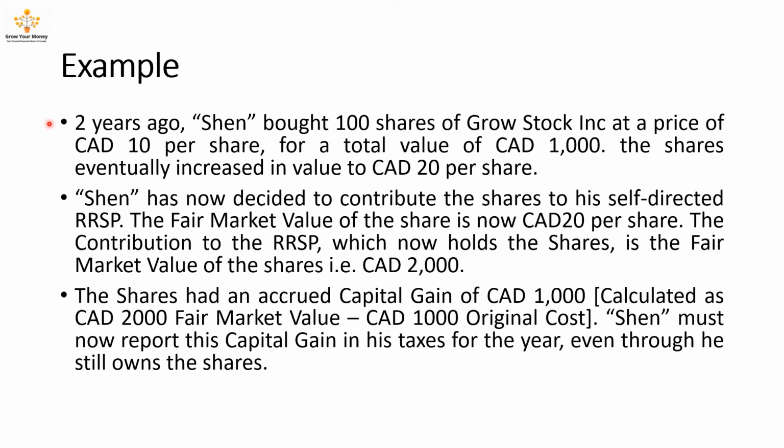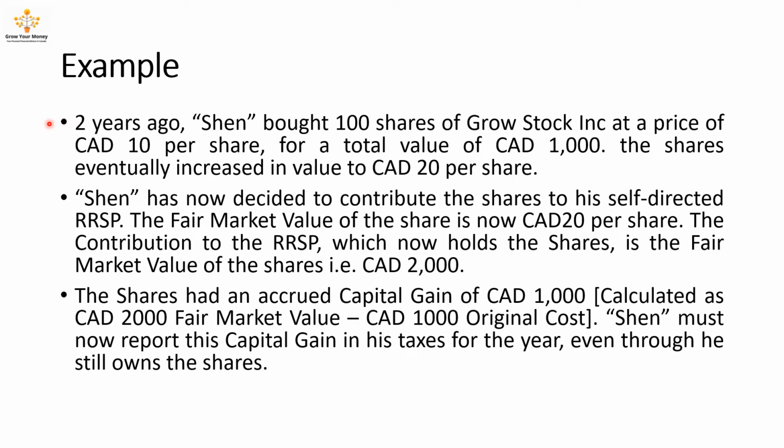Let us understand this concept with the help of an example. Two years ago, Shen bought 100 shares of Grow Stock Inc. at a price of 10 CAD per share, for a total value of 1,000 CAD. The shares eventually increased in value to $20 per share.